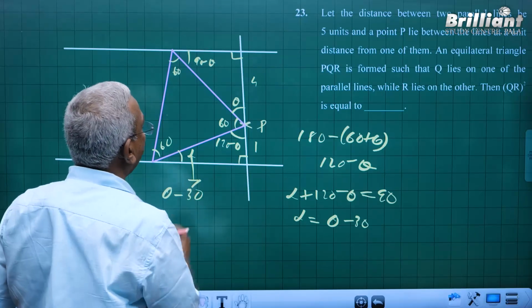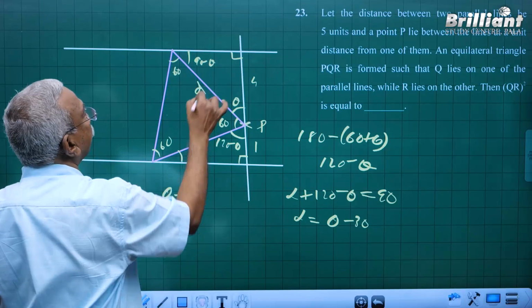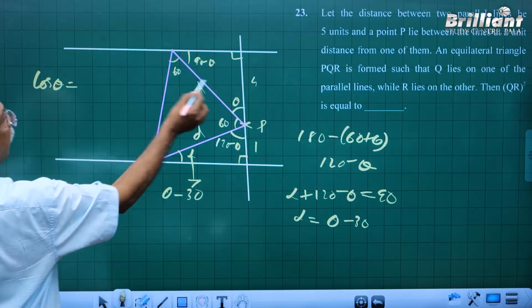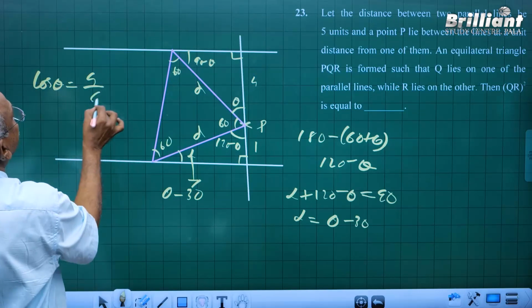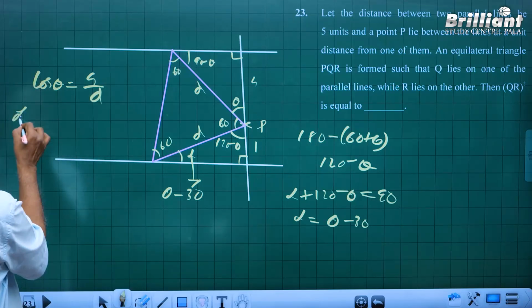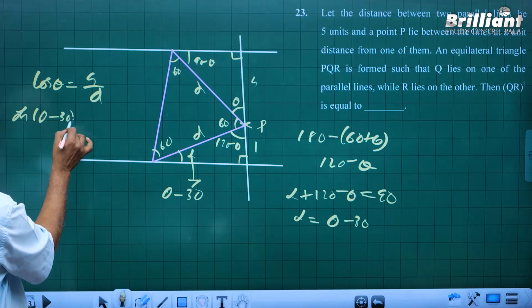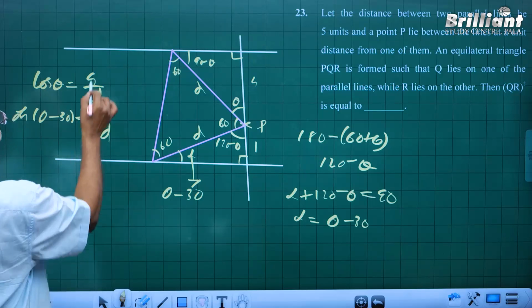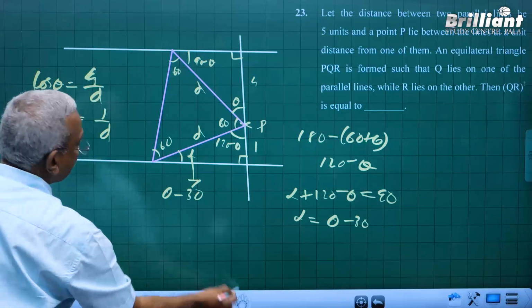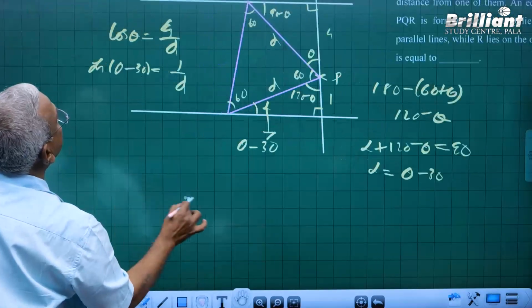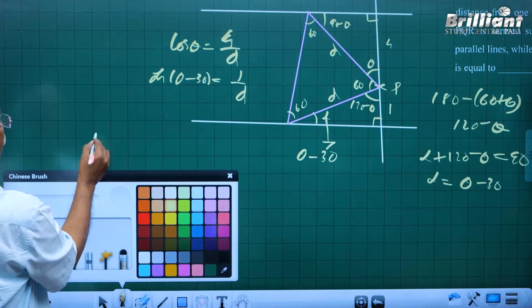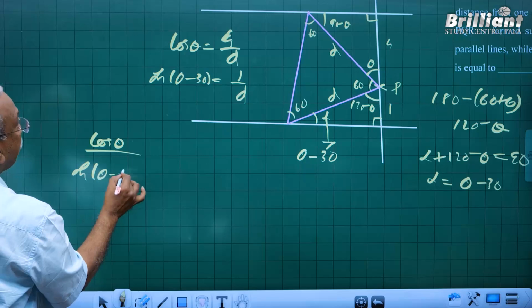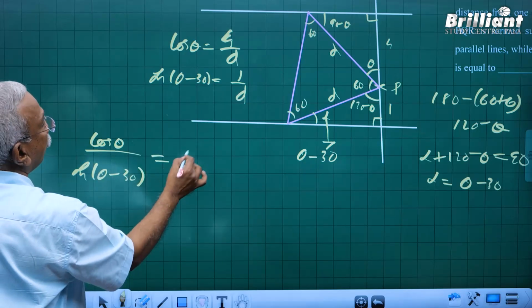Here it is 1, and this is D and here also D. So what is cos theta from the figure? In this triangle, 4 by D. What is sin of theta minus 30? It is equal to 1 by D. So here it is 4 and that. So by dividing both, cos theta divided by sin of theta minus 30 is equal to 4.